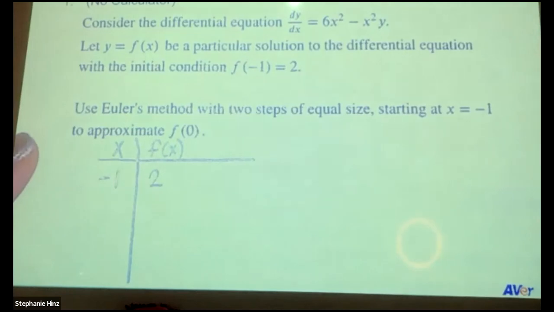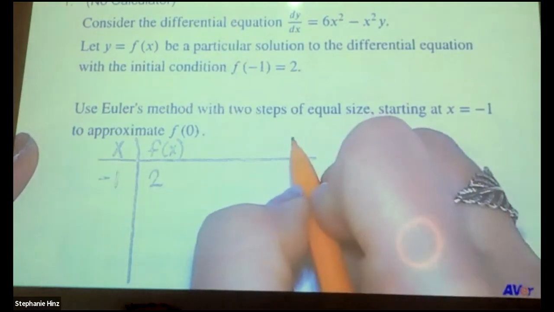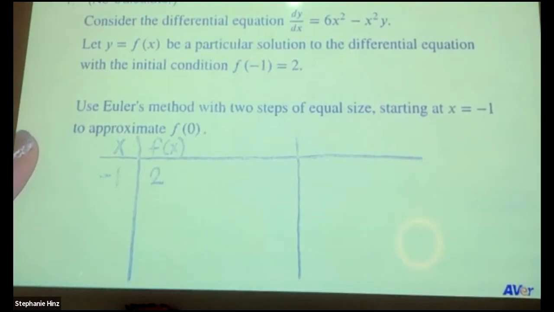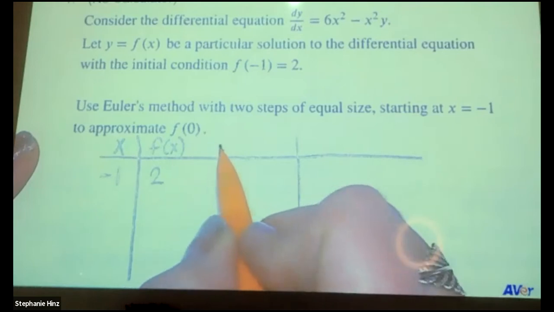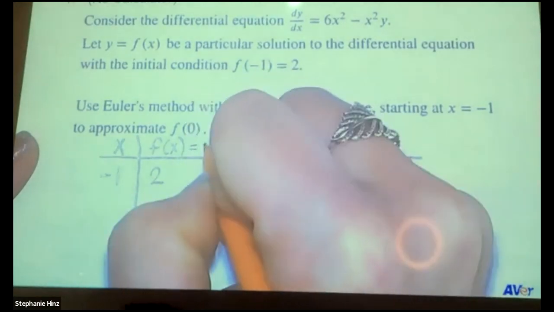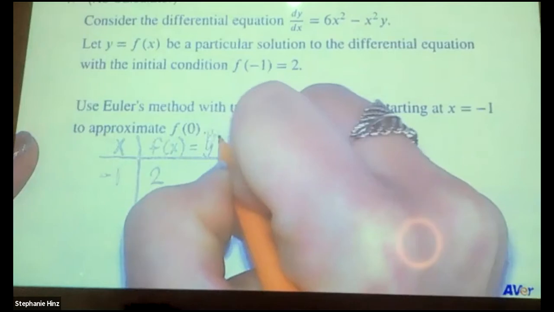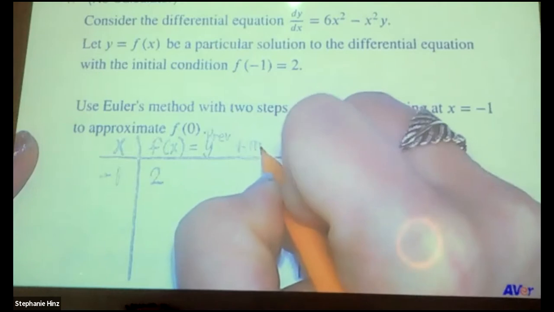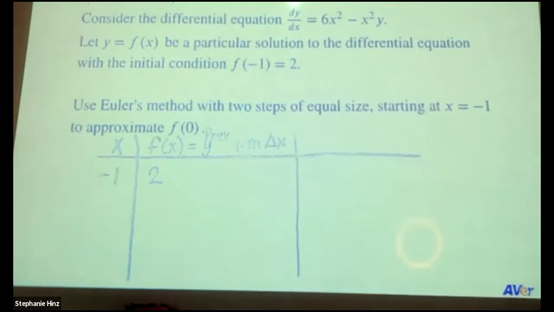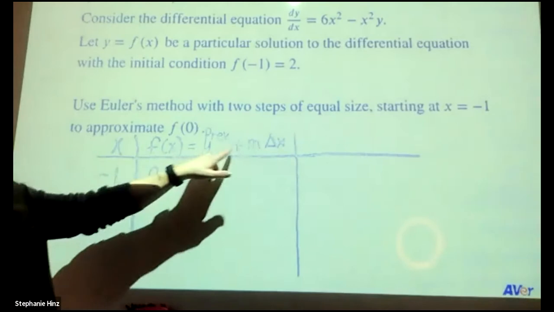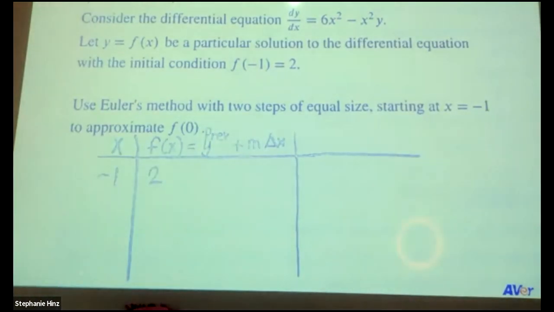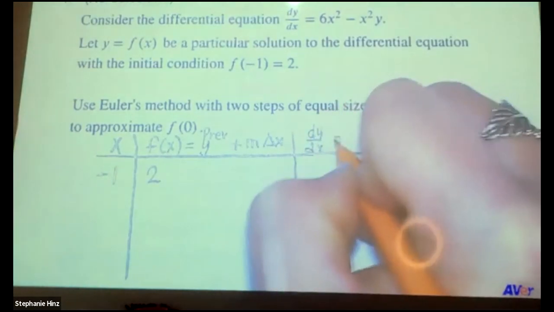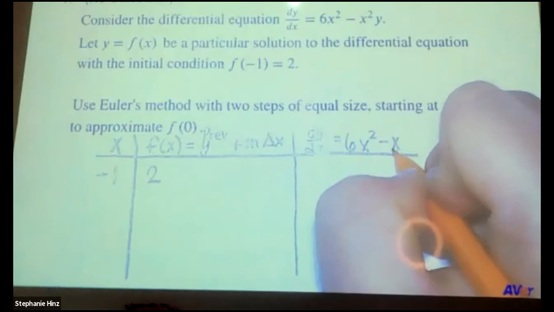So in the first step, I'm going to leave myself a little bit of space because our approximation is always going to be a previous y plus your slope times your change in x. That's what we just talked about a minute ago. Your previous y plus your slope times your change in x. And then I'm going to leave a column over here for our slope, which is our derivative. And in this case, it is 6x squared minus x squared times y.